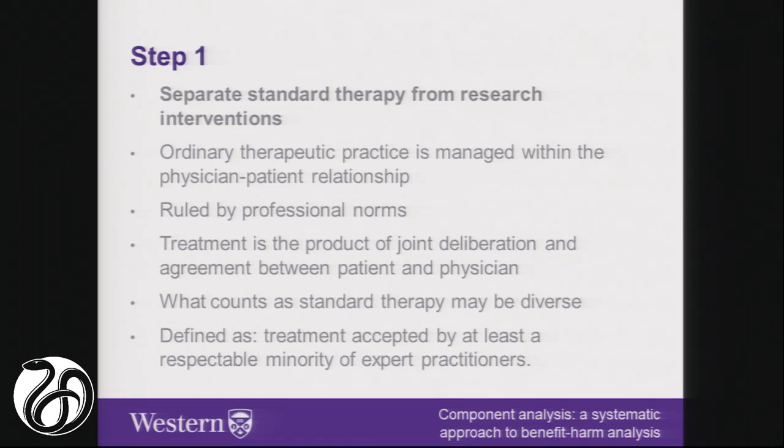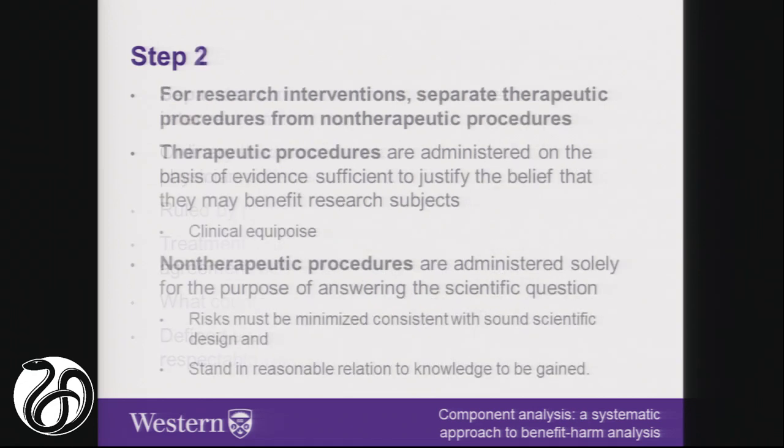Separate out standard therapy from research interventions, and then in its deliberations, the IRB is going to focus in on those research interventions. In the second step of component analysis, the IRB needs to separate therapeutic procedures from non-therapeutic procedures. Therapeutic procedures are those that are administered basically with therapeutic warrant.